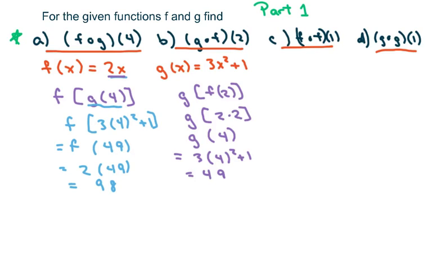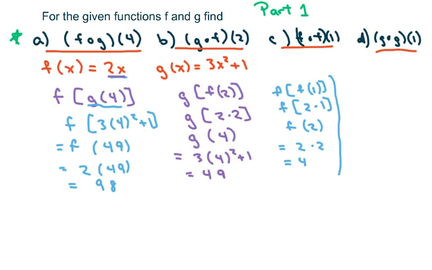And we're going to do f of 1. So f of 1 is 2 times 1. And so that's going to be f of 2. And f of 2 equals 2 times 2, which equals 4.